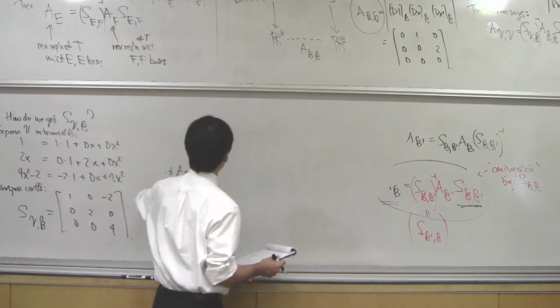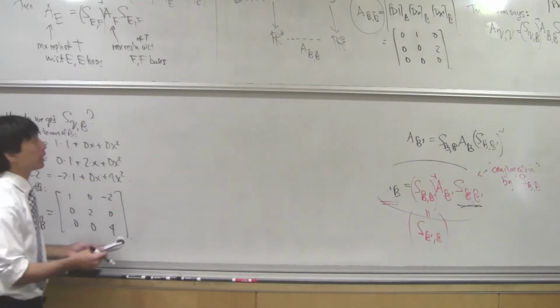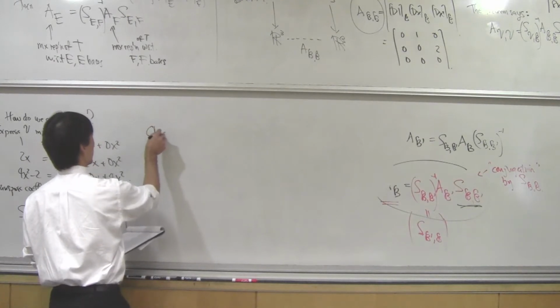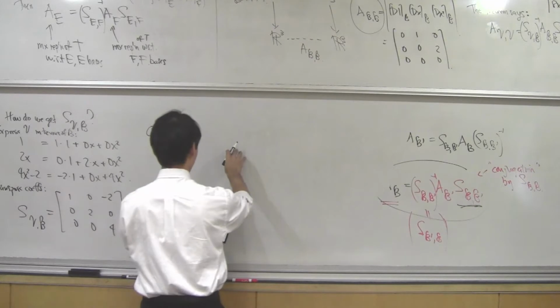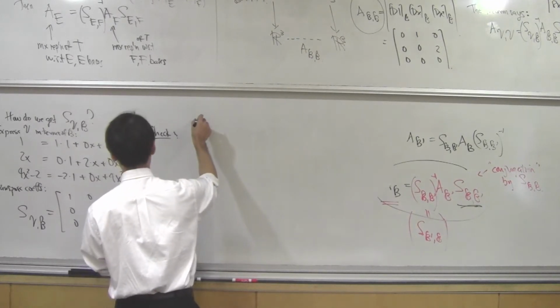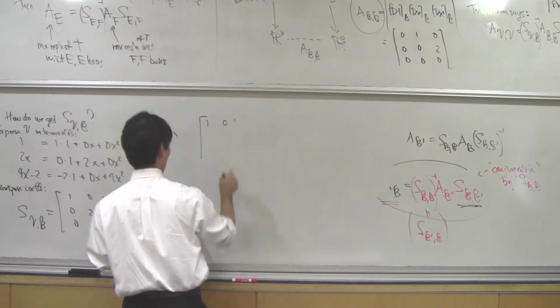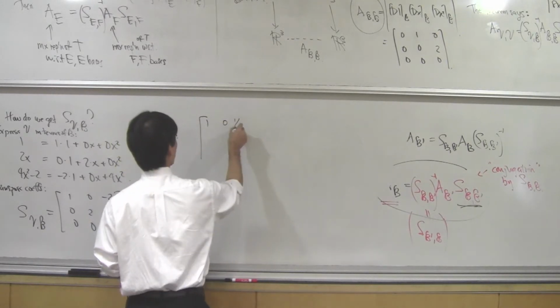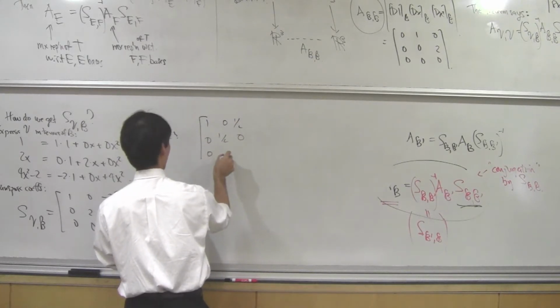Okay. And then you just check. I leave it to you to see that this in fact works out. So S inverse turns out to be 1, 0, half, 1, 0, half, 0, half, 0, 0, 0, quarter.